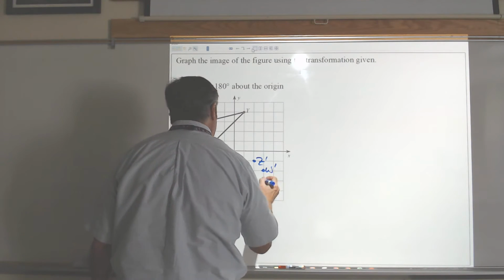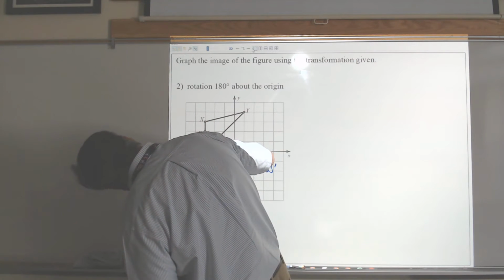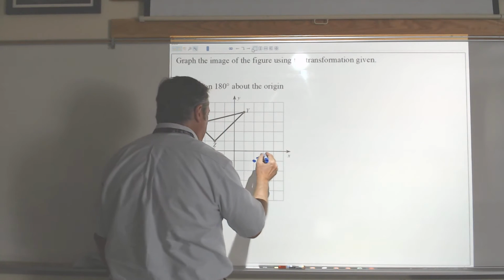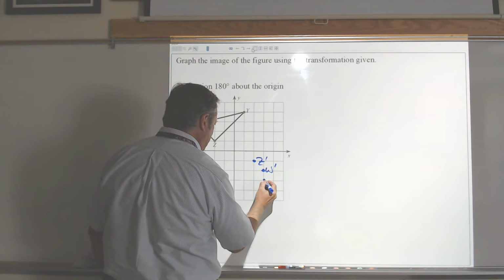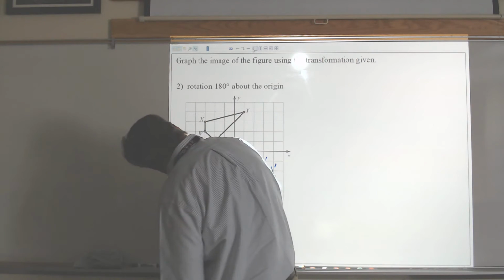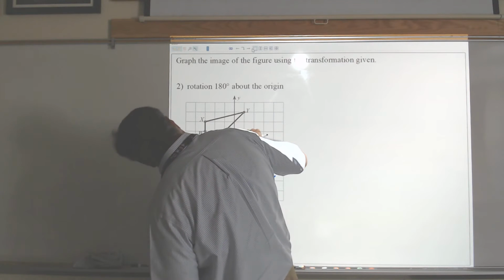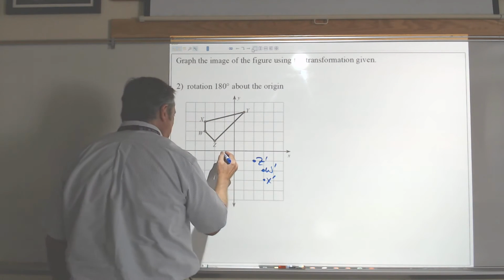There's W prime. X is at positive 1, 2, 3, negative 3. So that's X prime. And then Y would be negative 1, negative 1, 2, 3, 4, negative 1, negative 4.